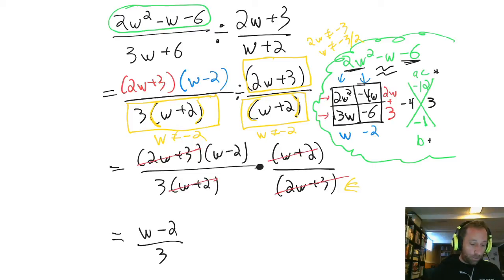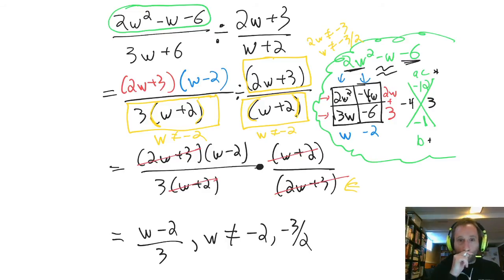So we have w subtract 2 divided by 3, with the restrictions that w cannot be equal to negative 2 and negative 3 over 2. Note that by the time we have this fully simplified, both of those restrictions have been reduced to the point that we would not be able to identify them just by looking at our simplified expression.